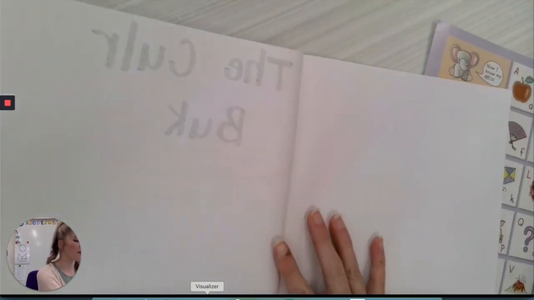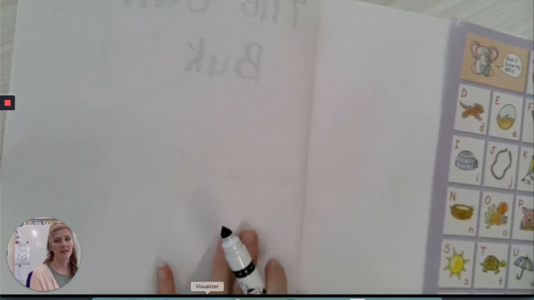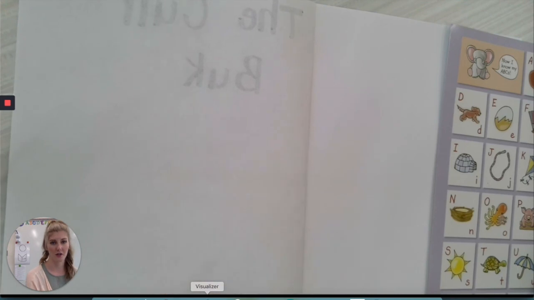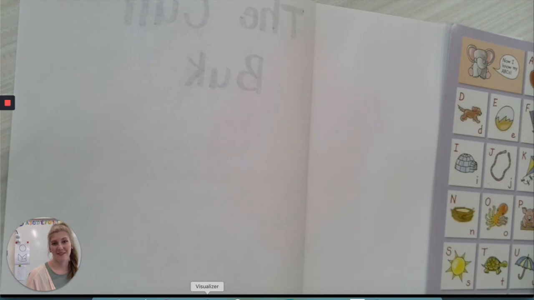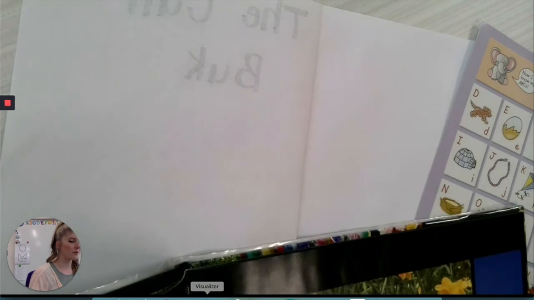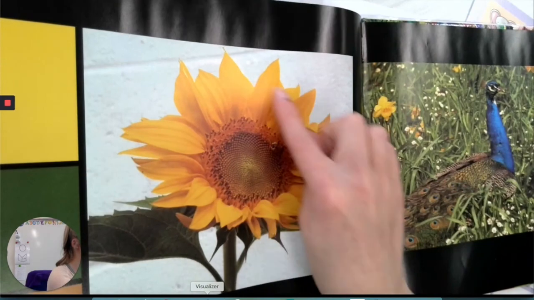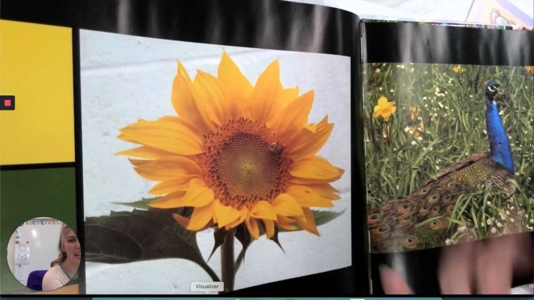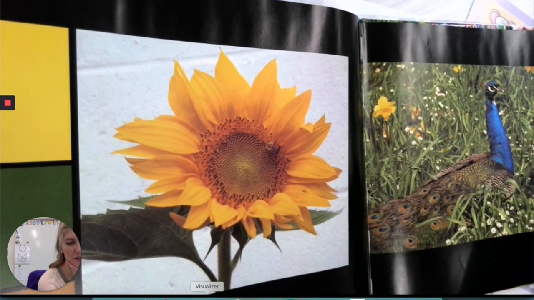So I am thinking about something that I see in real life that has lots of different colors. And I'm thinking about something at my house, actually. The one page that really stood out to me, and I keep coming back to, is this page right about here. And I love how the yellow is really bold and it stands out. And all of these little details on the inside have lots of different colors.